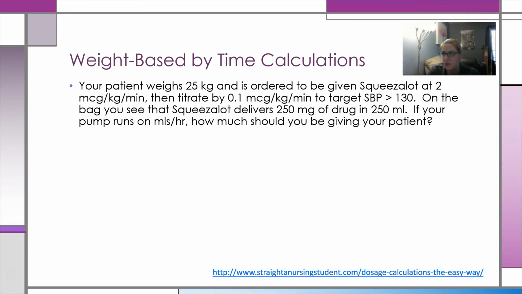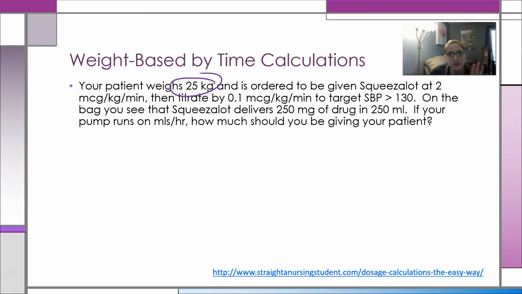So again, we have a weight problem. We're told our patient weighs 25 kilograms. Great. That's our weight. We're going to pay attention to that. And is ordered, that always tells me that should come first, to be given Squeeze-A-Lot at 2 micrograms per kilogram per minute.